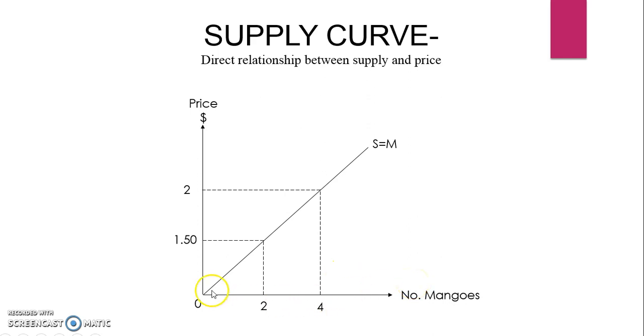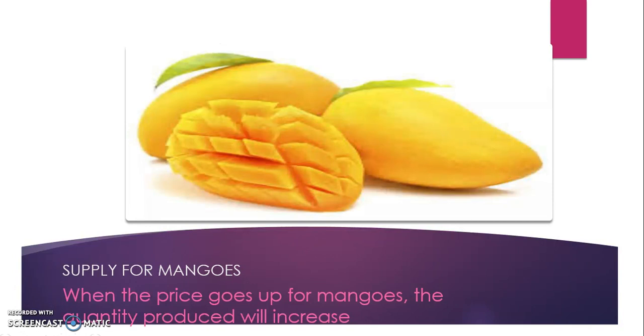The slope is therefore upward sloping, showing the relationship between price and supply, that as price increases, supply will also increase. Supply for mangoes. So when the price goes up for mangoes, the quantity produced for mangoes will increase.